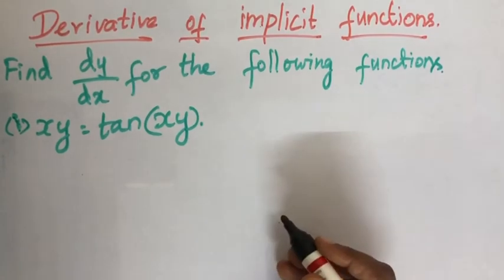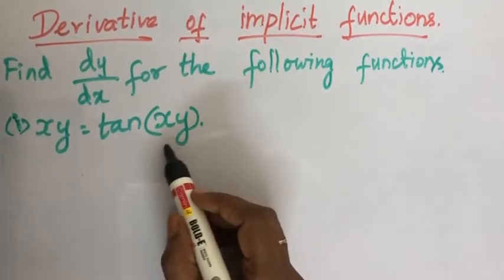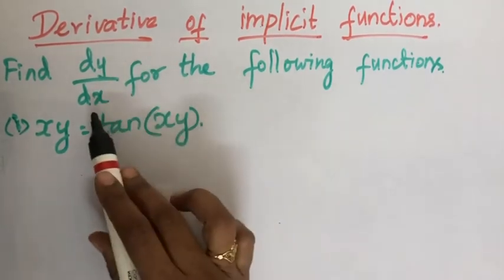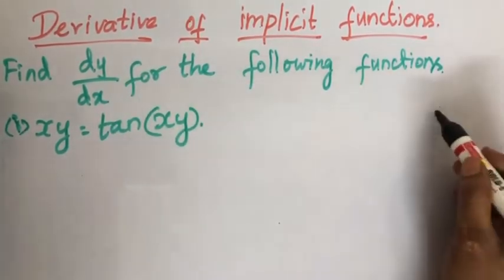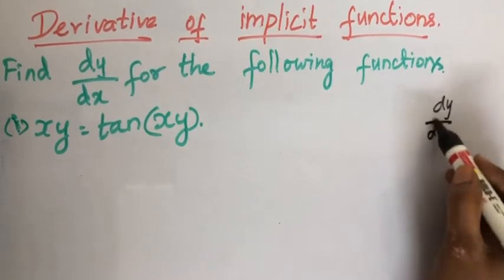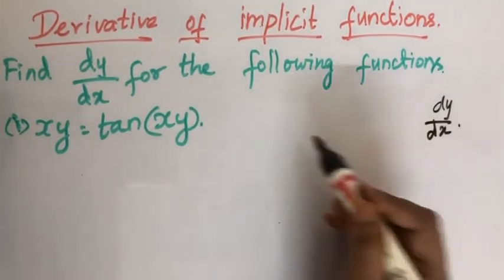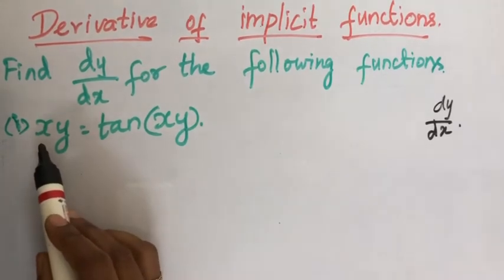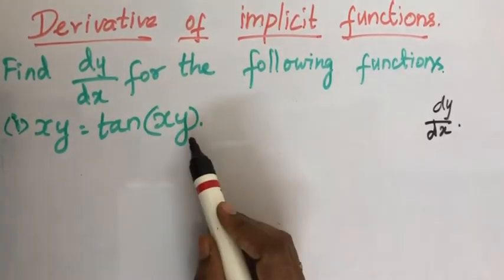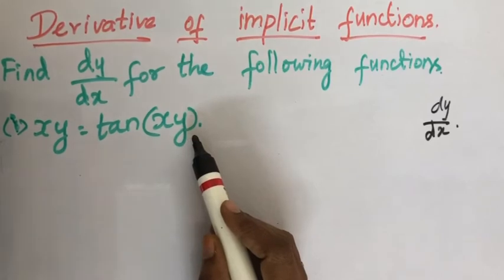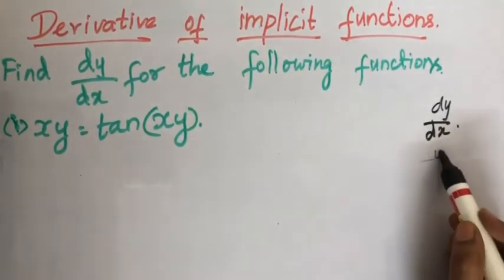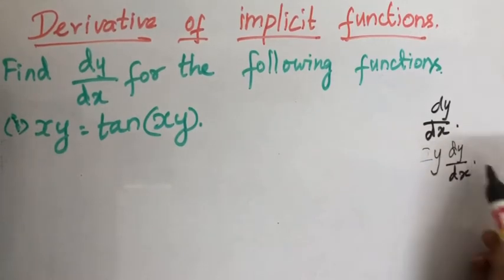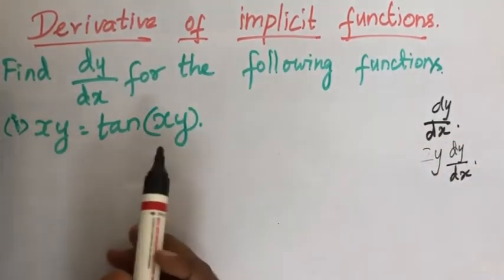But while differentiating y with respect to x, this will become dy by dx. If x square is there, while differentiating, I will write it as 2x. But if y square is there, while differentiating, I will write it as 2y into dy by dx. That's the difference. Now, we are going to solve this.